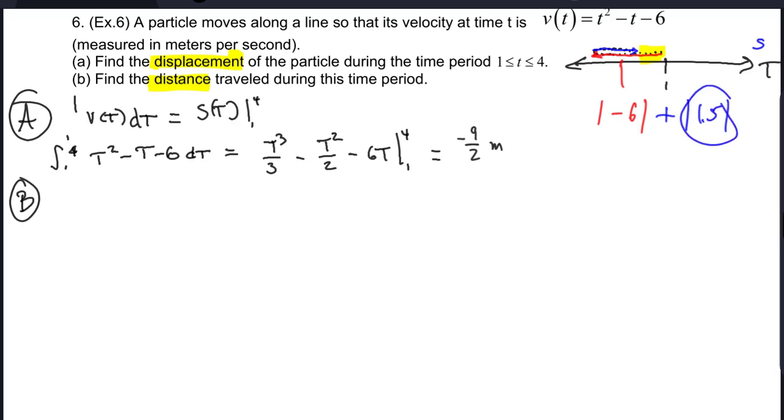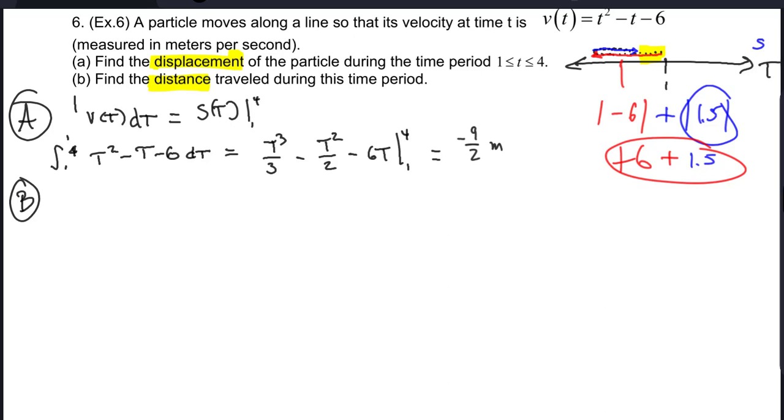On this part, the absolute value is 1.5. That part, the absolute value is 6. So that will give me a distance traveled, a total distance. How far did I go back? How far did I go forward? And add up everything. This is not a net change when we talk about distance. So this problem gets a little bit more challenging.